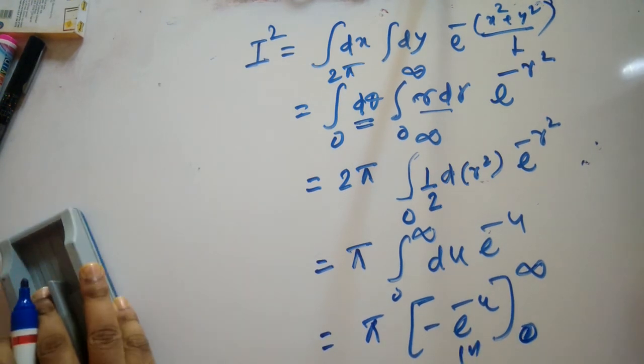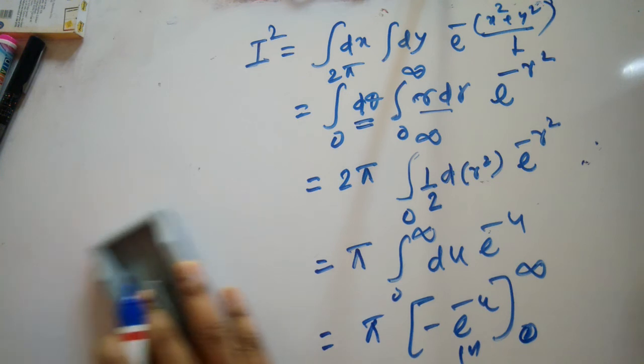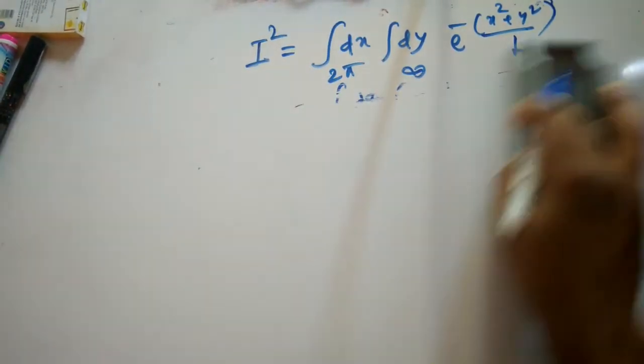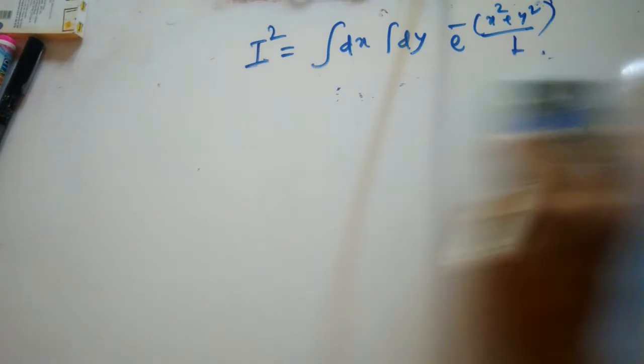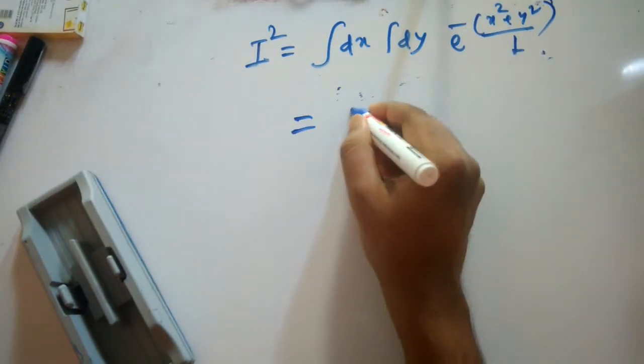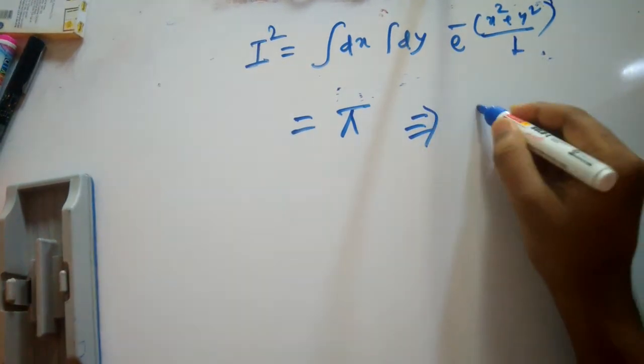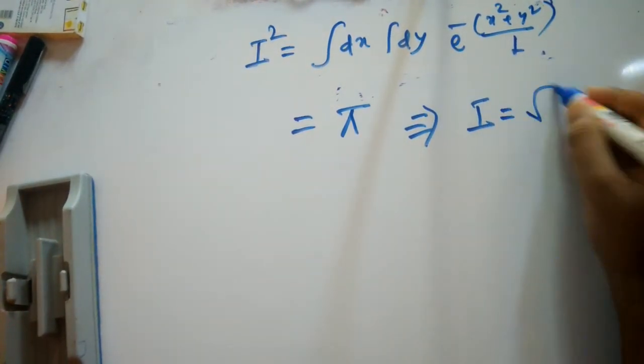Okay, I think up to this point we understand what I have done here, and therefore I square is actually pi. Okay, therefore our target is to get the I, and therefore I is root over pi.